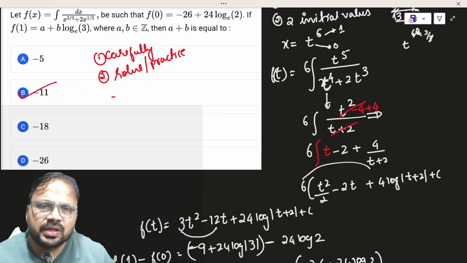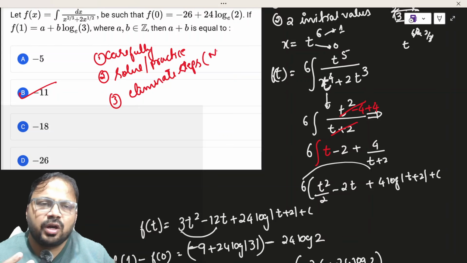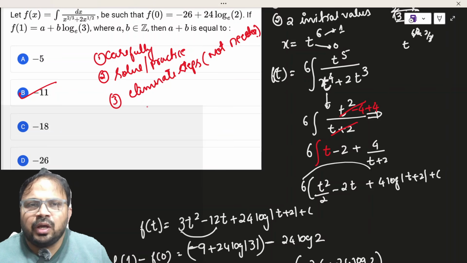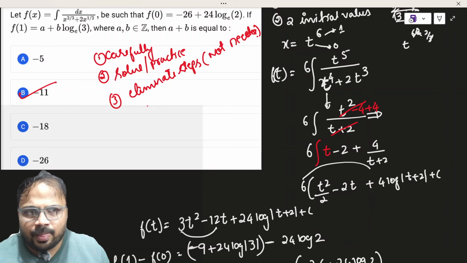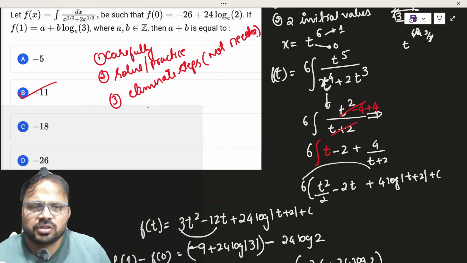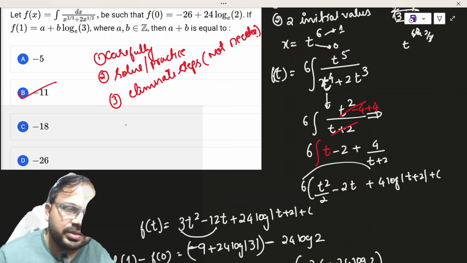Then try to eliminate the steps which are not needed. How can I solve the question with the least amount of time? What all steps can I eliminate? Yes, if you solve more and more similar types of questions, we tend to get a hands-on feel for this, and in the exam, in the limited time, it will come to our mind. All right, so thank you, gentlemen.